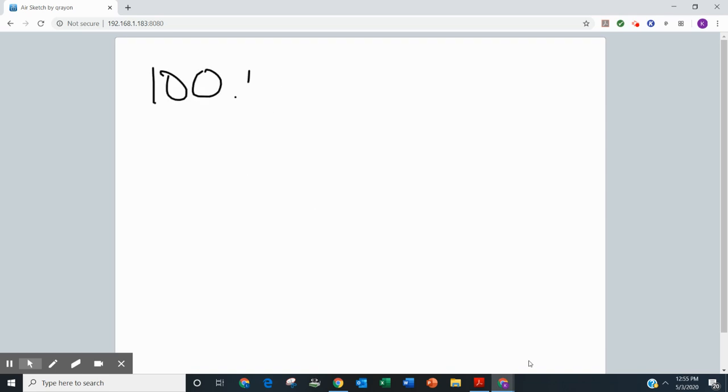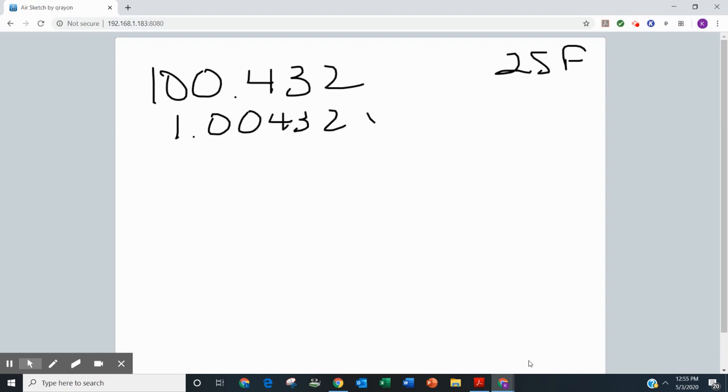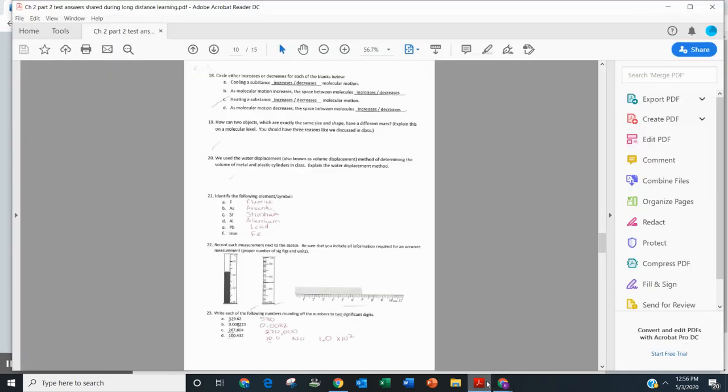So I have to put it into scientific notation. 1.00432 times 10 to the second, 2 sig figs, it's 1.0 times 10 to the second. Sorry about the poor handwriting. This is really challenging to do. Just so you know, whenever it's in doubt, put it in scientific notation. That's why we study scientific notation before we do all of these questions in class when we're talking about sig figs.